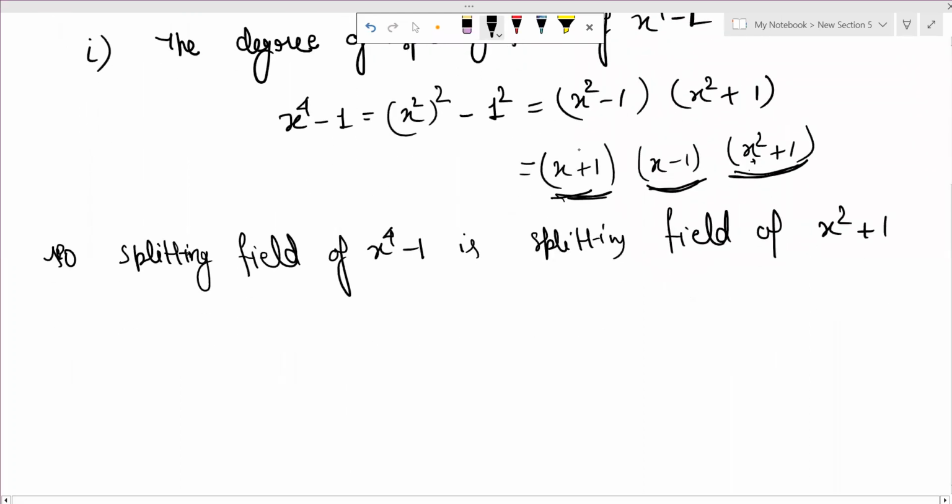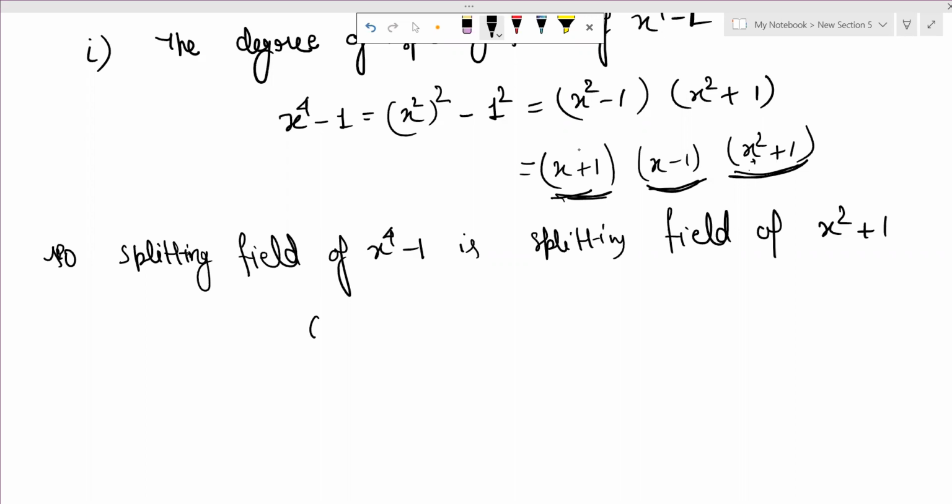But x square plus 1 is an irreducible polynomial. So what are its roots? x square is equal to minus 1, so its roots are plus minus iota, correct? If you add iota, then minus iota is automatically there. So adjoining iota is a 2-degree extension.